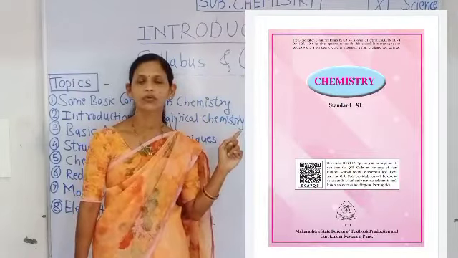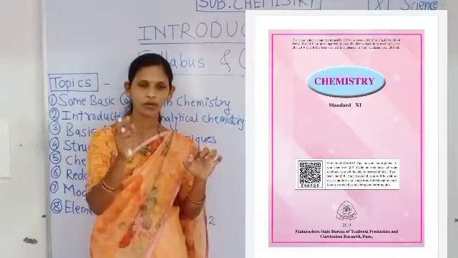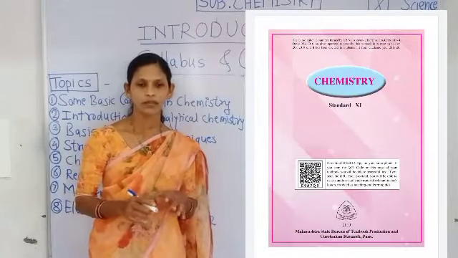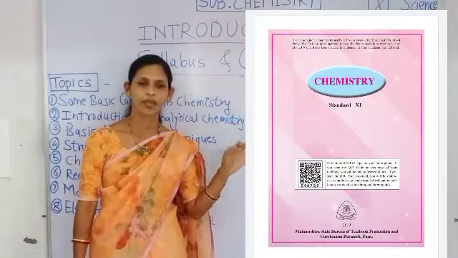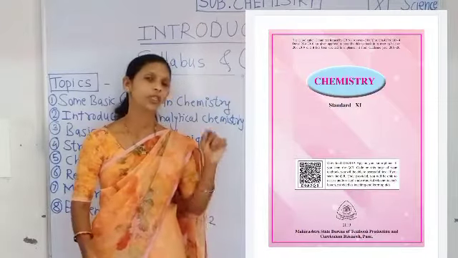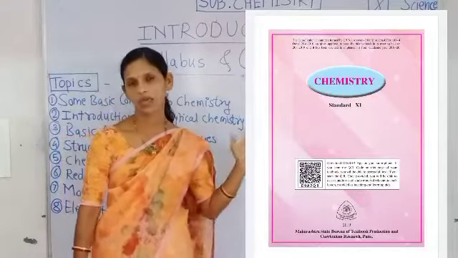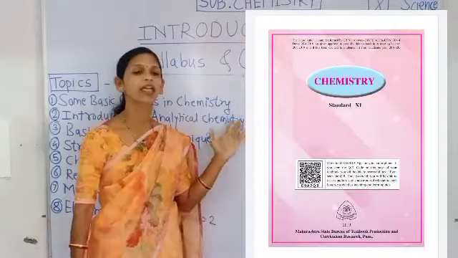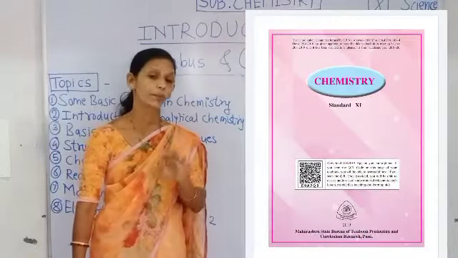If you scan that QR code with the help of a scanner or mobile, you can download the Diksha app as well as more e-learning material related to the syllabus of each topic given in the chemistry textbook. You may use that e-learning material by scanning the QR code for more practice.